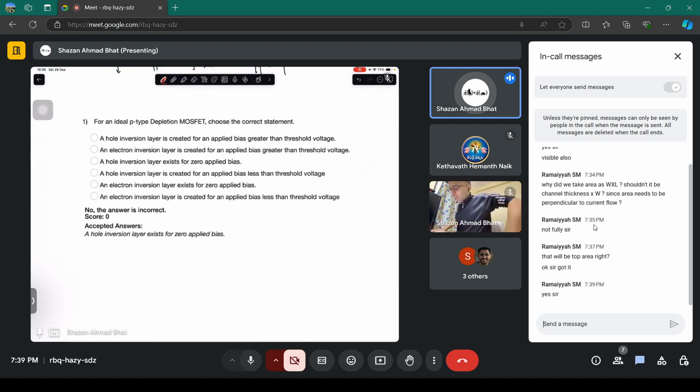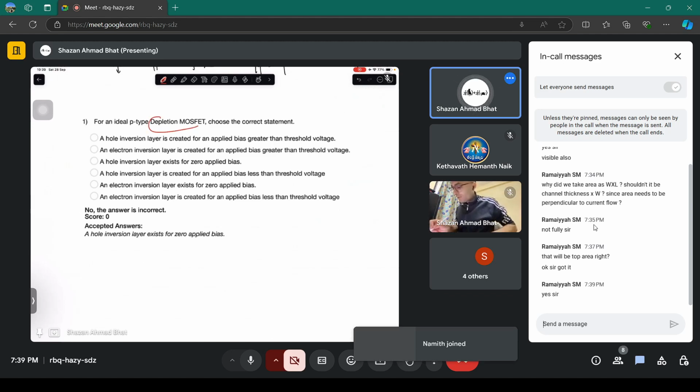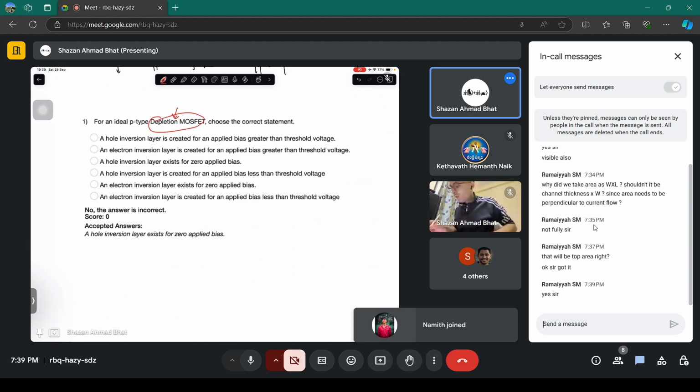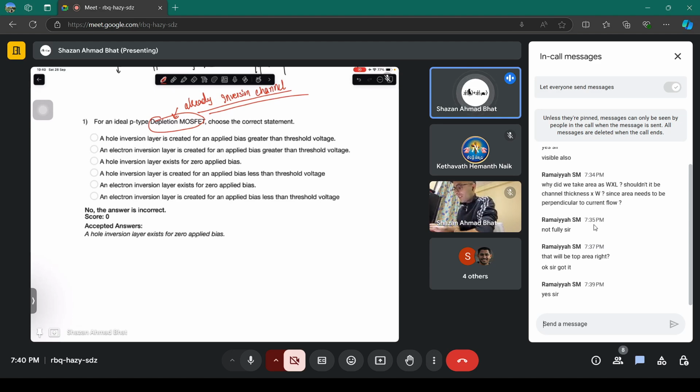For an ideal p-type depletion MOSFET, choose the correct statement. It's a depletion type MOSFET, that means the inversion channel will already be present. If the channel is already present, that means there will be a hole channel present even at zero applied bias.